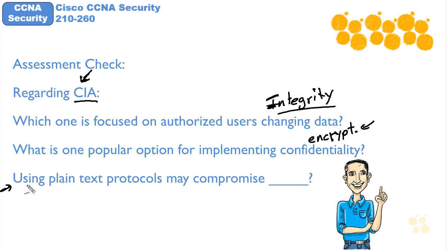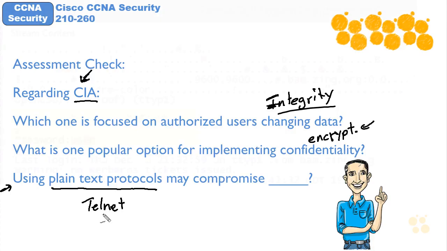And then question number 3, using plain text protocols may compromise what? Now you may be saying, well, Keith, you didn't tell us explicitly in this nugget what the answer to that is. What I'm doing here is reaching just a little bit together to apply some basic knowledge. So number one, what are some plain text protocols? We're going to be covering some secure protocols in detail in this course, but some plain text protocols that you're probably already familiar with would include things like telnet, which by itself doesn't use any encryption.